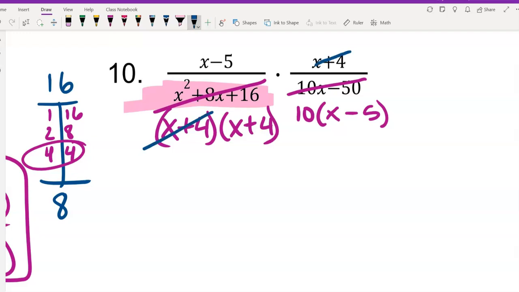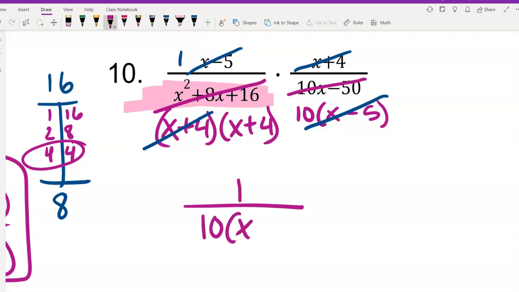We have x plus 4 and x minus 5. Now notice how there's nothing visible left in the numerator. That doesn't mean 0, it means 1. So our final answer here is 1 over 10 times x plus 4. And again, we got that 1 from the cancelled numerator.